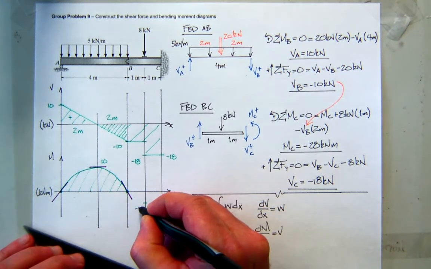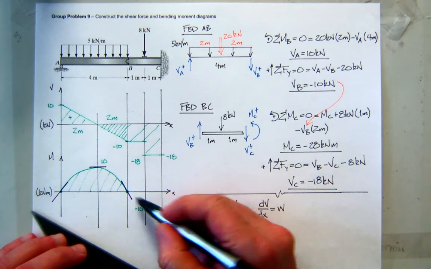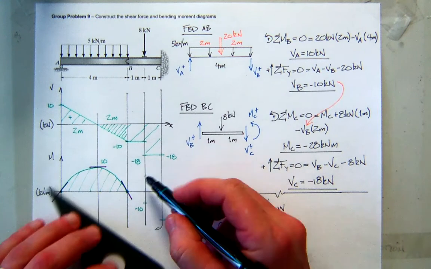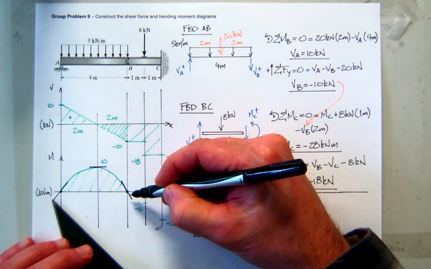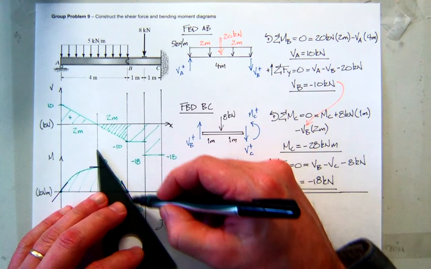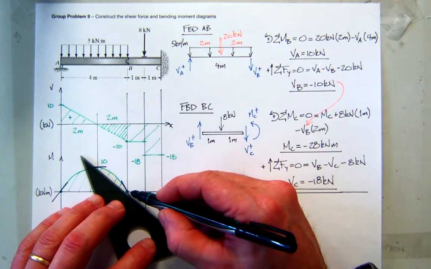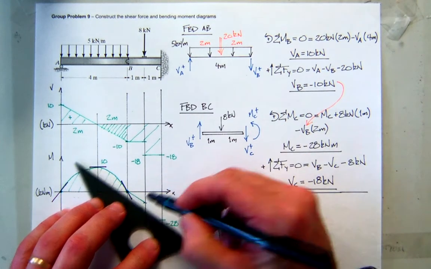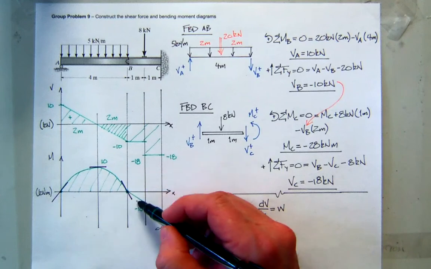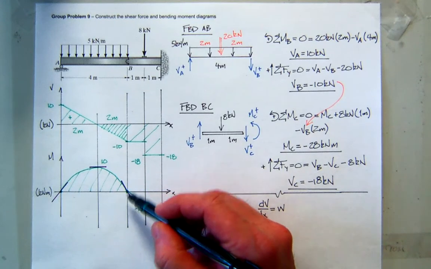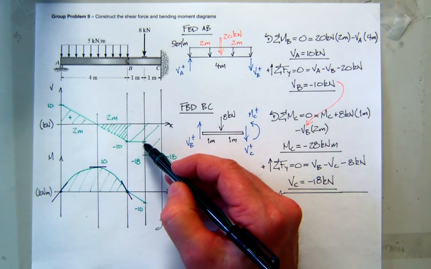So minus 10, and the slope here should be equal to minus 10. Now this is also minus 10 slope, so really the slope should come down here. But I can't draw it like that. I've just run out of room. So even though it's like that for the drawing, these two slopes should be identical. They're both minus 10, and it stays minus 10.